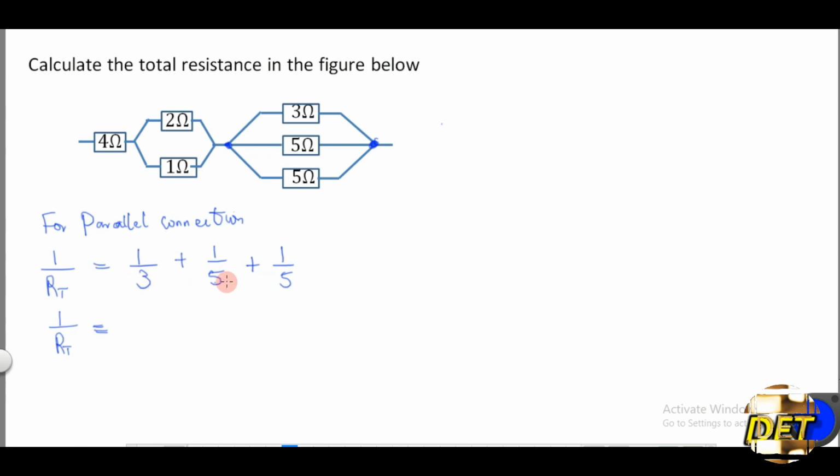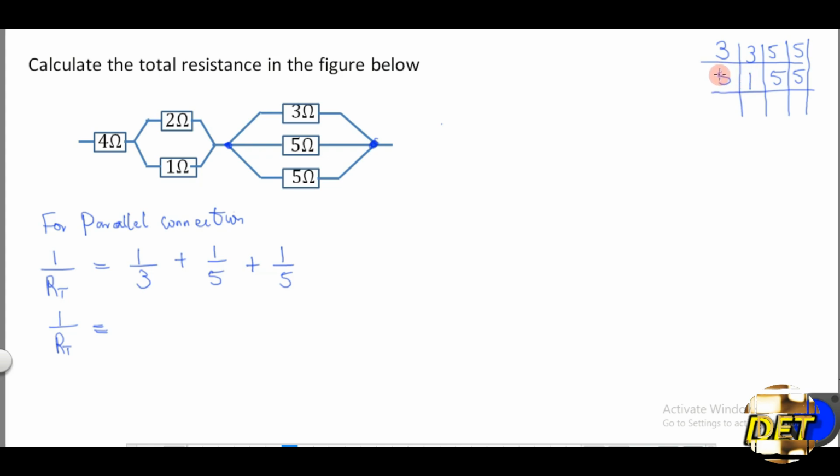The next thing I will do is to look for the LCM of 3, 5, and 5, right? So what can go? 3 can go. 3 divided by 3 will give me 1. 5 divided by 3 cannot, so I will drop that. 5 divided by 3 cannot, so I will also drop that, right?